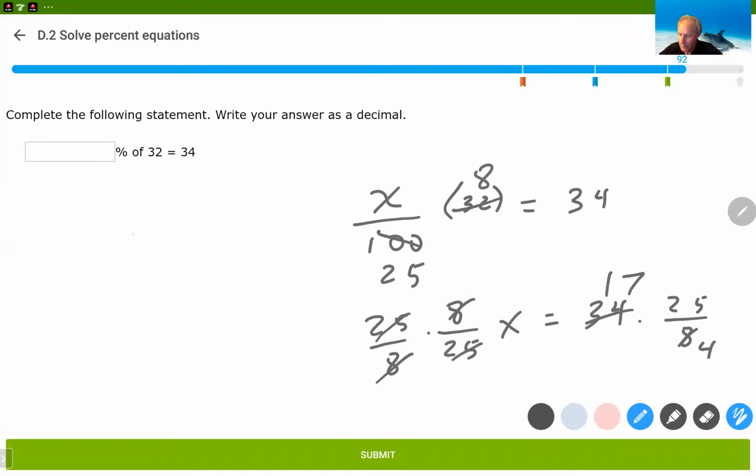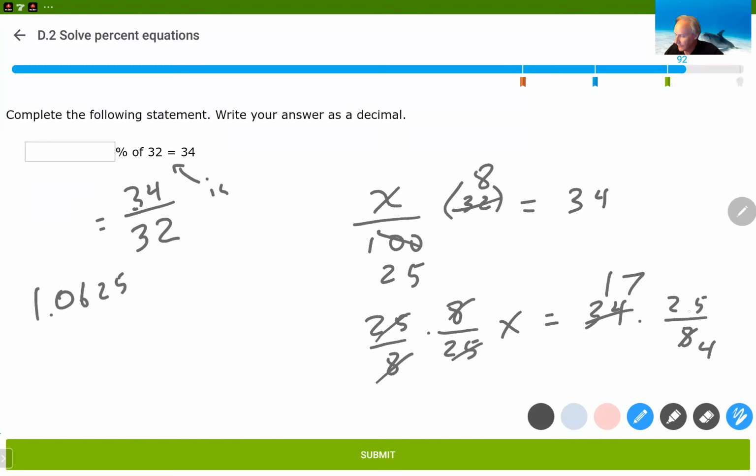We want to know 32 with 34 on top. Remember, it's is over of, if you like. So 34 over 32 is 1.0625.